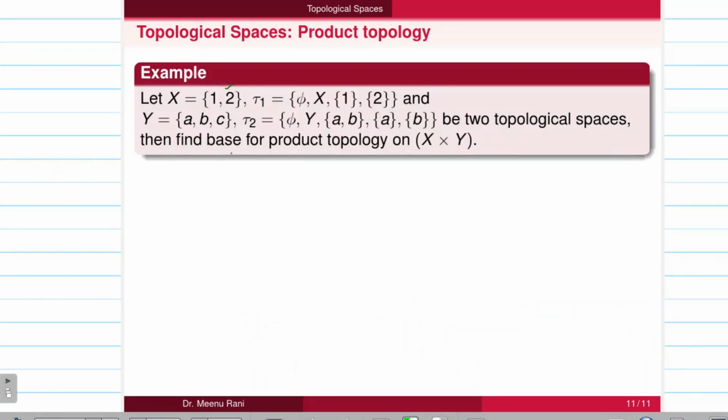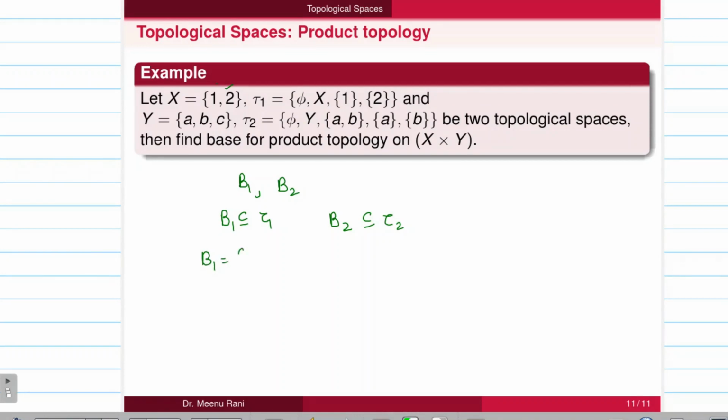So here, to find the base for the product topology, first we have to find B1 and B2, where B1 is a basis for tau1 and B2 is a basis for tau2, and every base is a subcollection of the topology. So B1 should be contained in tau1 and B2 should be contained in tau2, and every member of tau1 can be written as a union of members of B1.